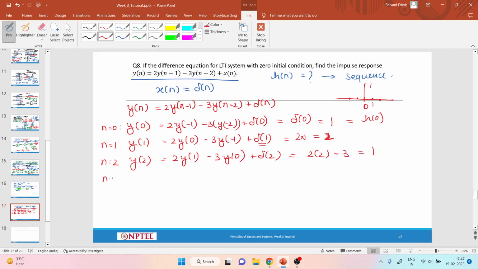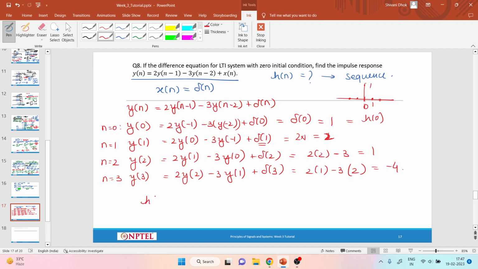If I take n equal to 3, my y of 3 is equal to 2 times y of 2 minus 3 times y of 1 plus delta of 3, which comes out to be, y of 2 is 1, so 2 into 1 minus 3 into 2, that comes out to be minus 4.